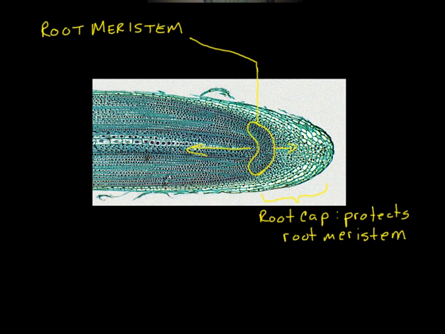They've just got a cell membrane and a cell wall to protect the inner parts of the cell. And so as this root pushes forward through the soil, the root cap is constantly being worn away. And so the root meristem here has to continually replace the root cap as it grows and pushes forward through the soil.